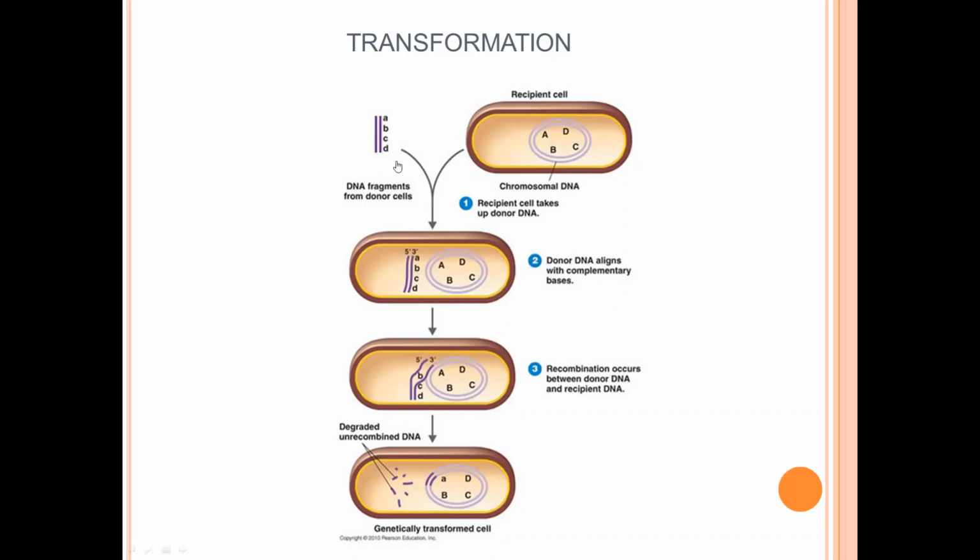And if you notice that what happens is that the DNA in the environment is going to be picked up and brought into the cell here. So this bacterium, the recipient cell, picks up some random genetic information from the environment and brings it into the cytoplasm. Now, as long as it's genetically compatible enough, so if you see the genes or the genetics here are listed A, B, C, and D, they're listed here A, B, C, and D as well, so they are compatible.